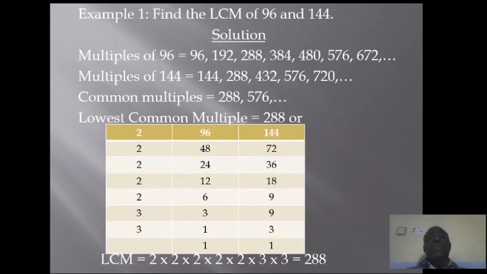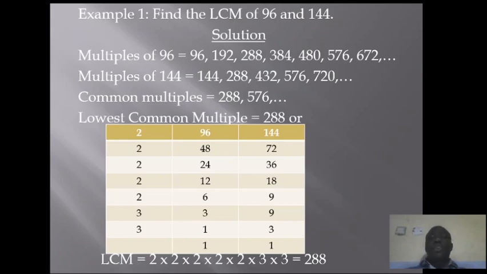Look at this example: find the LCM of 96 and 144. We have two ways to find the lowest common multiple. First, I list out the multiples of 96. The multiples of 96 are achieved by adding 96 repeatedly.